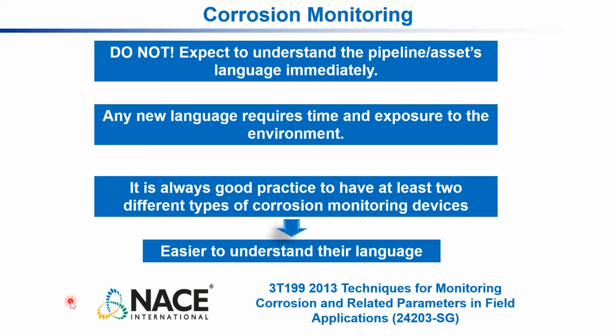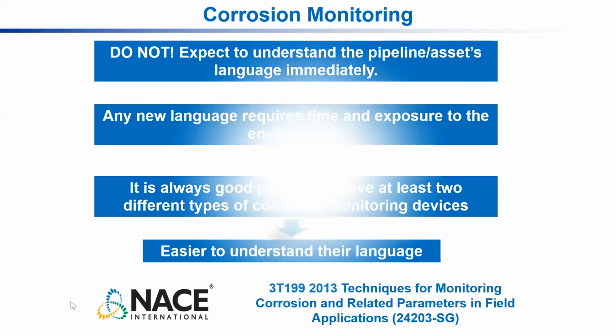This is a state-of-the-art document, 3T199 2013, and it talks about all the techniques for monitoring corrosion and related parameters in field application. It's a beautiful document that I do recommend you get your hands on, because it talks about corrosion monitoring.